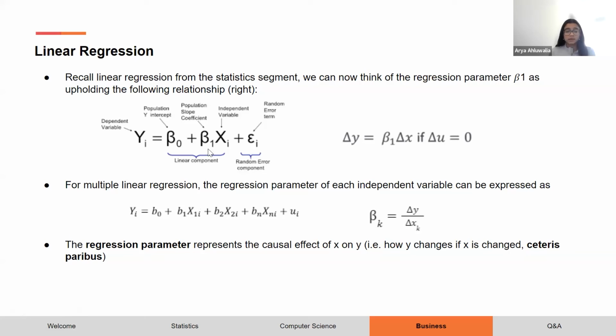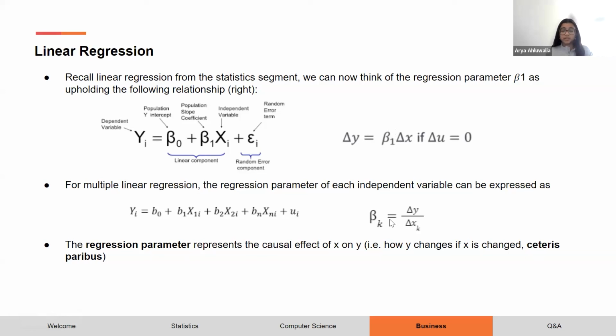How we want to think about this coefficient beta 1 and here beta 2, beta n, etc., is that the beta coefficient is the regression parameter. It represents the causal effect of the variable X that it's the coefficient of on the dependent variable Y. So for simple linear regression, it's very simple: the change in y is proportional to the change in x, and the constant of proportionality is beta 1.